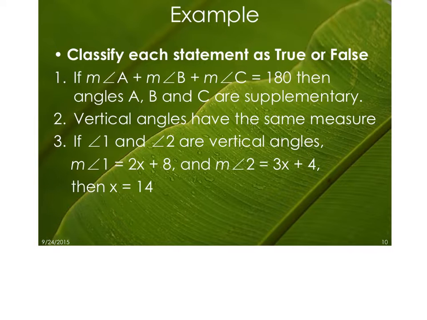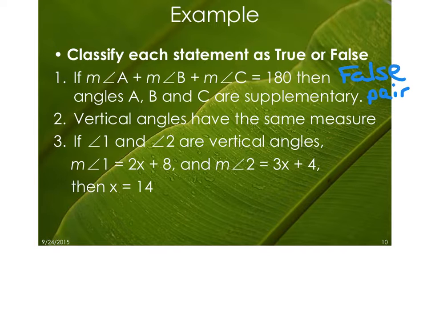And if it's false, why do you think it's false? Is it false because only 2 angles can add up to be supplementary? Beautiful. Okay, it is false because we only need a pair of angles, and we've got 3 of them listed. So we can't have 3. So that's why it's false. We only needed a pair.